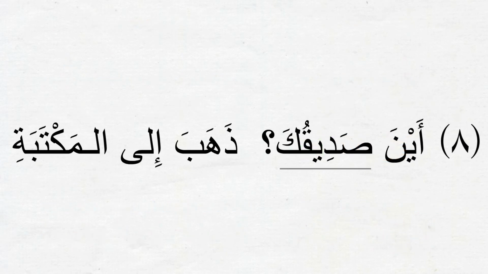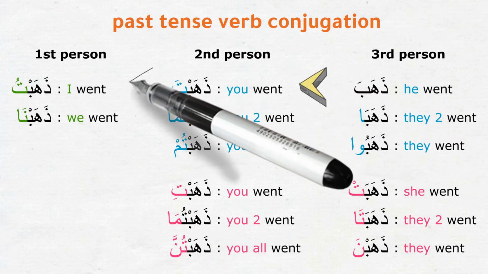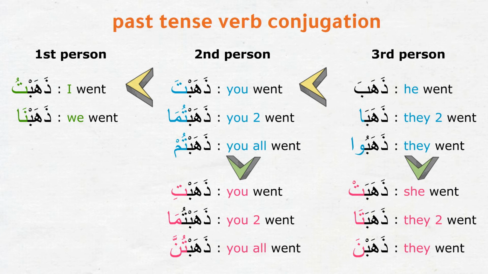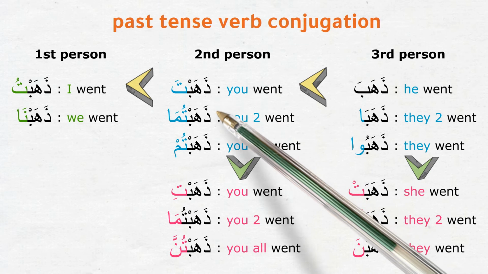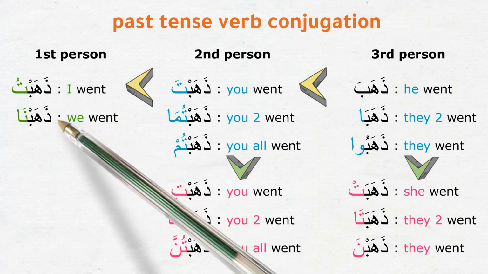For the next part, we'll need to use the plural masculine form of the past tense verb. So let me pull up the conjugation table for the verb ذهب to refresh our memory about verb conjugations for the past tense. It is given in the usual order from third person to second, and first from right to left, and from مذكر to مؤنث, from top to bottom. Let's go over the whole list a couple of times. ذهب ذهبا ذهبوا ذهبت ذهبتا ذهبنا ذهبت ذهبتما ذهبتم ذهبت ذهبتما ذهبتن ذهبت ذهبنا.